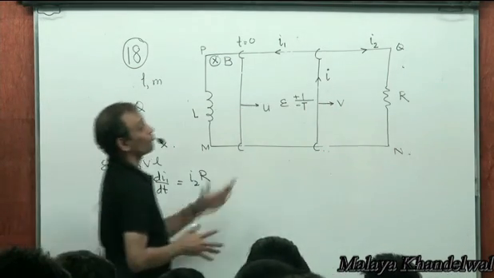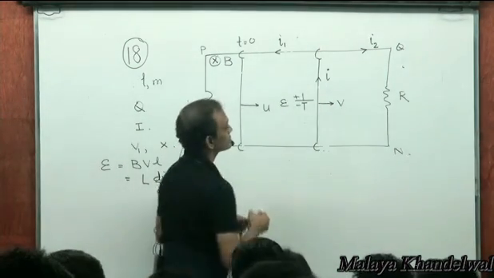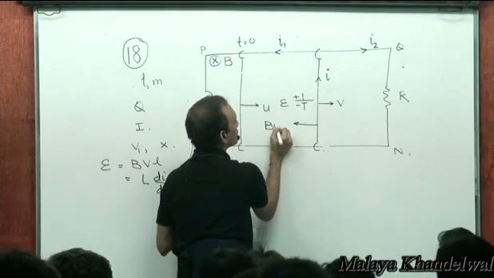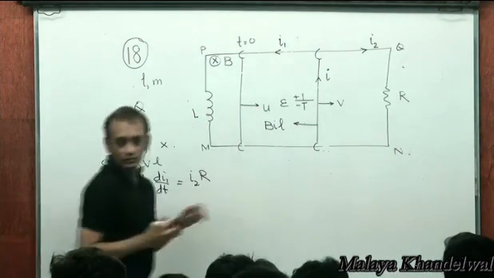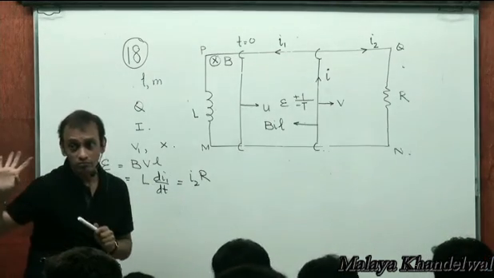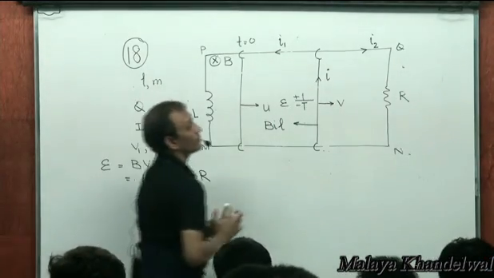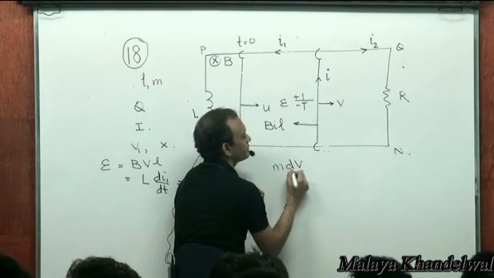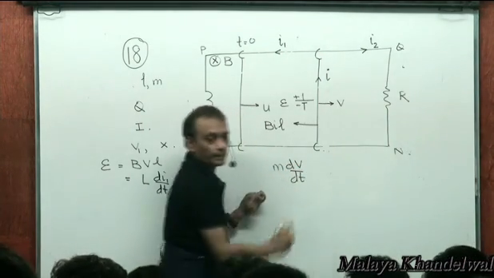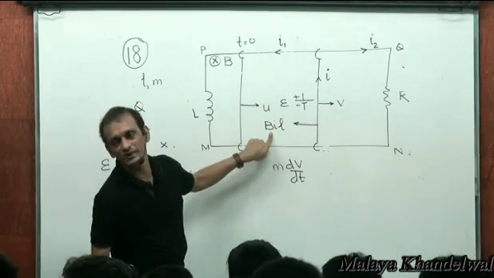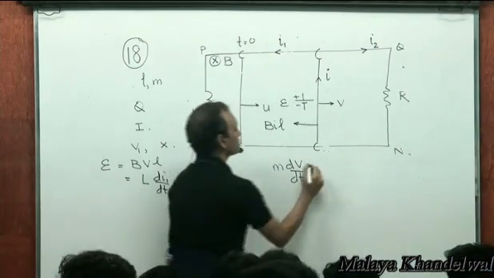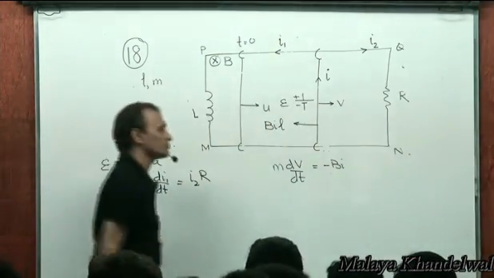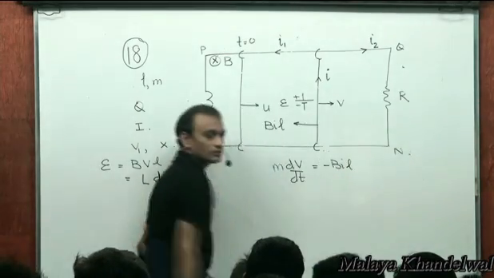The force acting on this is BIL, that's all, nothing else, right? Now m dv dt represents the force acting on it, and this must be minus BIL. Right?